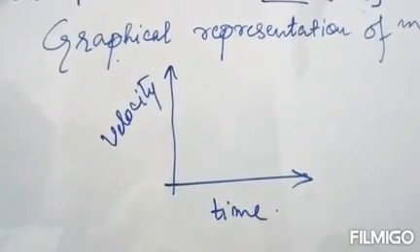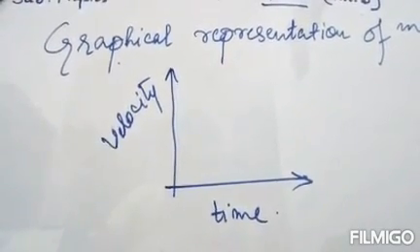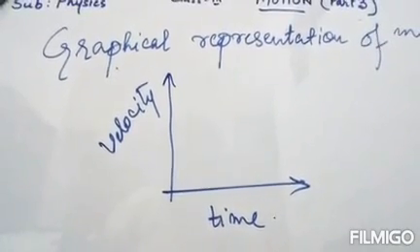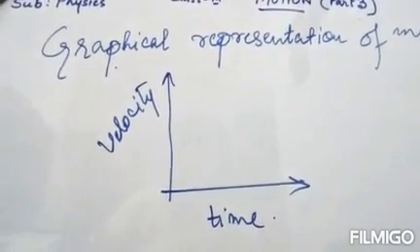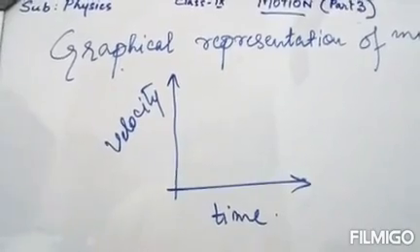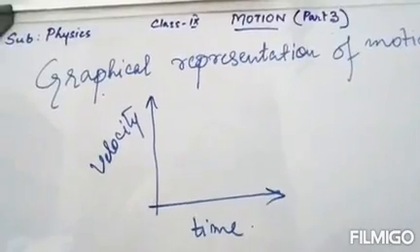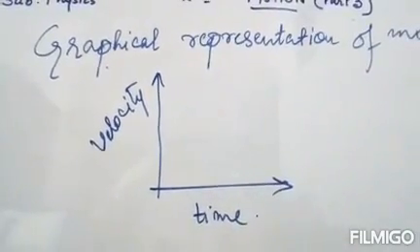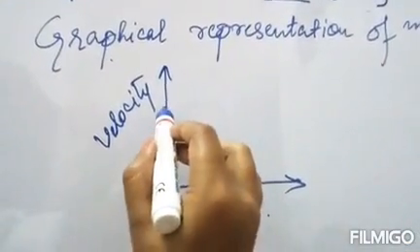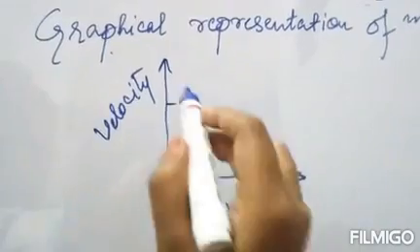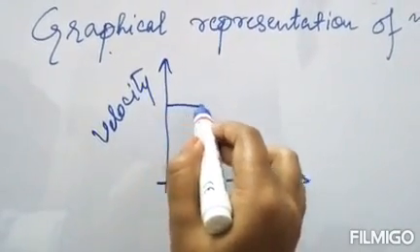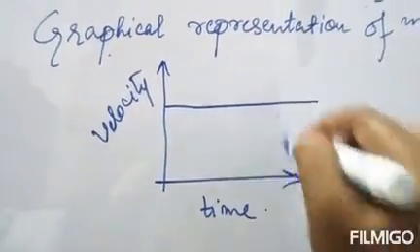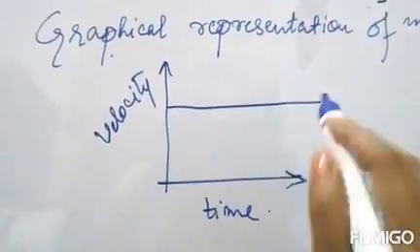In each case we can plot the graph and find the distance also. For a uniform velocity, there will be no change in the magnitude of the velocity, so it will be a straight line, but time will change.